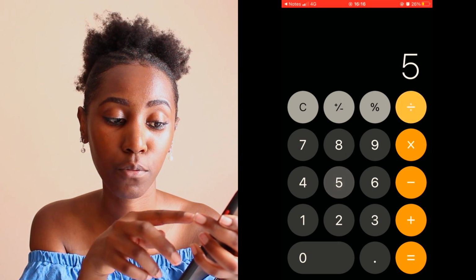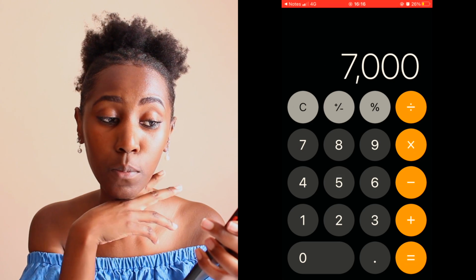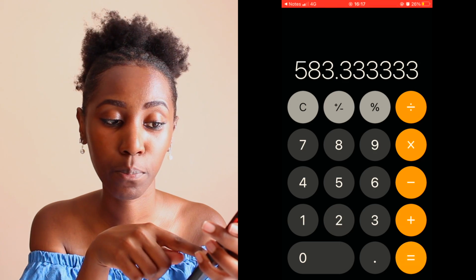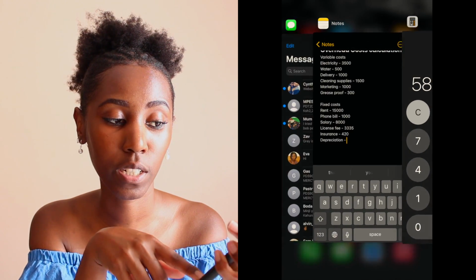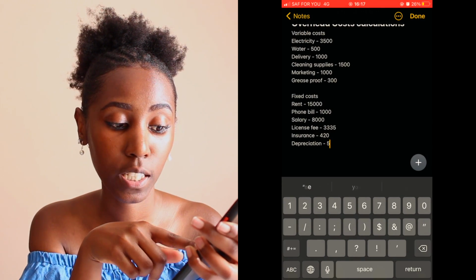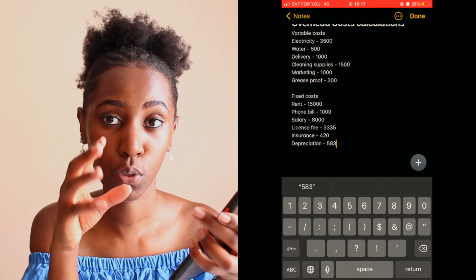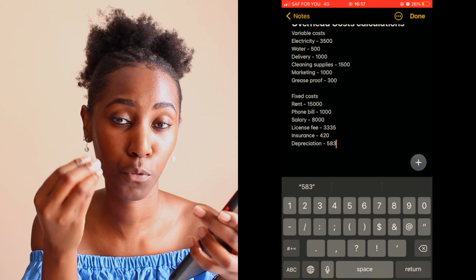If I want to use this item for 5 years, that comes to 7,000 shillings. So 7,000 shillings, how much will it be per month? It comes to 583 shillings per month. So that's the amount it's going to cost you depreciation per month for the oven.